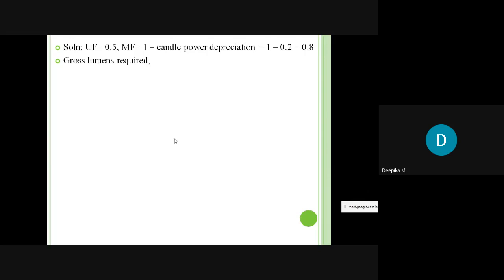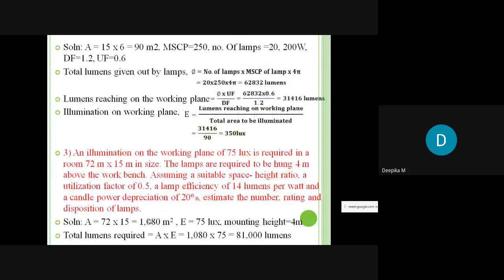Next, gross lumens required is to be calculated. So how do we calculate the gross lumens? Phi is nothing but what? In the last step, we have calculated total lumens required, but we have not calculated how many lumens actually fall on the working plane, or are utilized by the working plane.